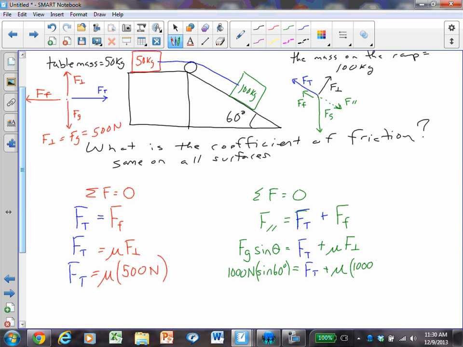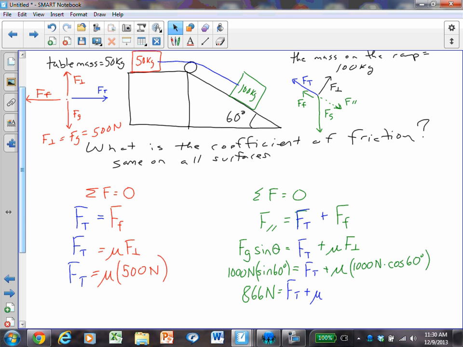So 1,000 newtons times the cosine of 60 degrees. Let's clean that up because it looks pretty awful right now, but it won't be too bad. 1,000 sine 60, 866 newtons. Mu times 1,000 cosine 60. Ooh, 500 newtons.